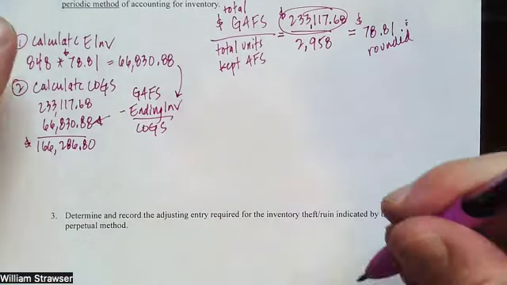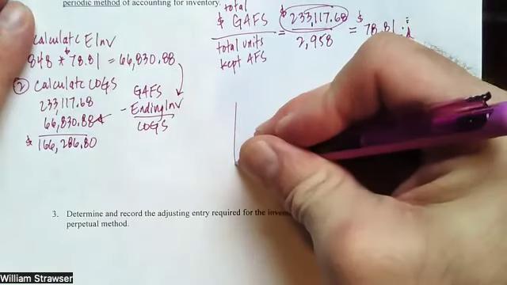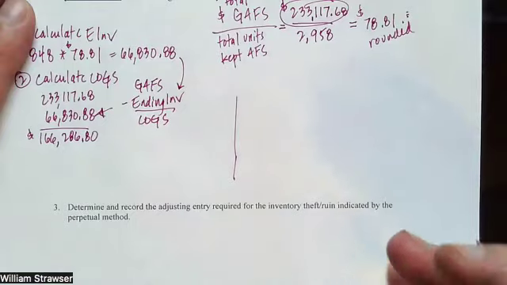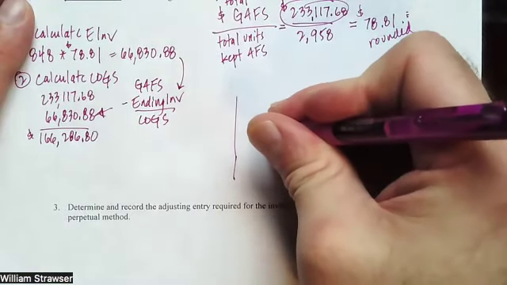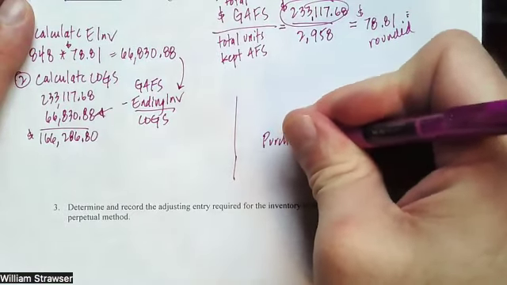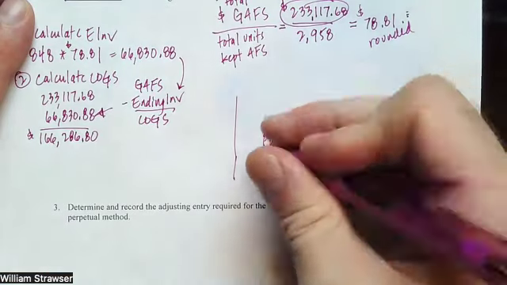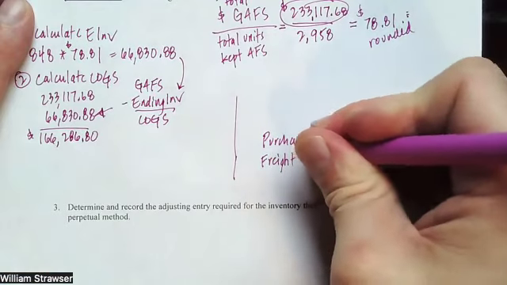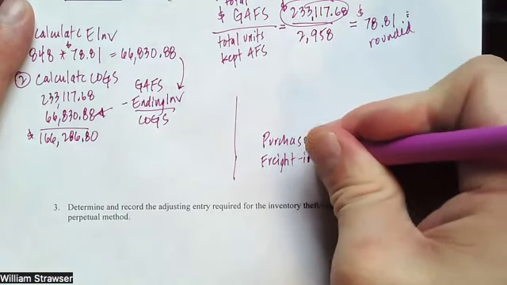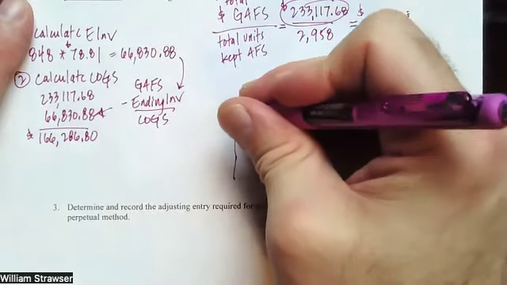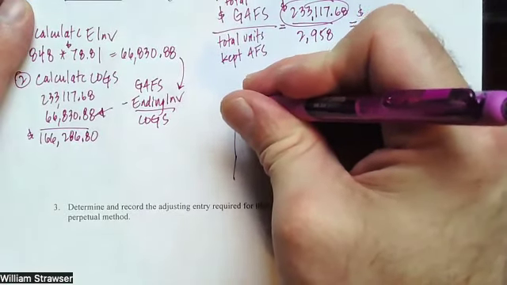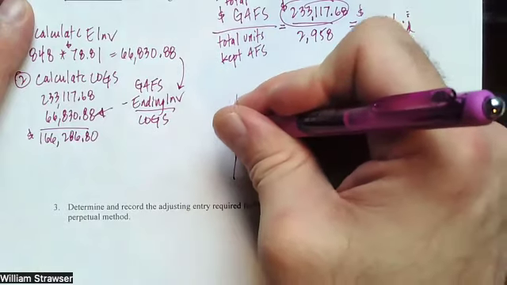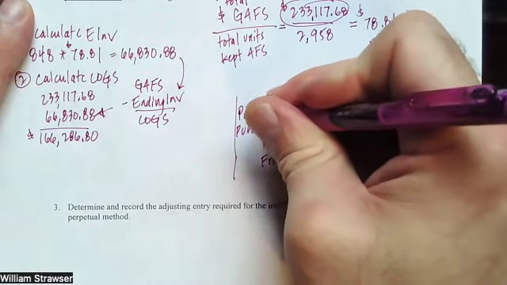Now I start building my entry. And remembering that, I got to close those contra and adjunct accounts. So I credit purchases because it is an adjunct asset, and freight is the other adjunct asset. So those two get credits to close them. And then I debit my credit-based accounts. So purchase returns is a credit-based account. Purchase discounts, credit-based account.